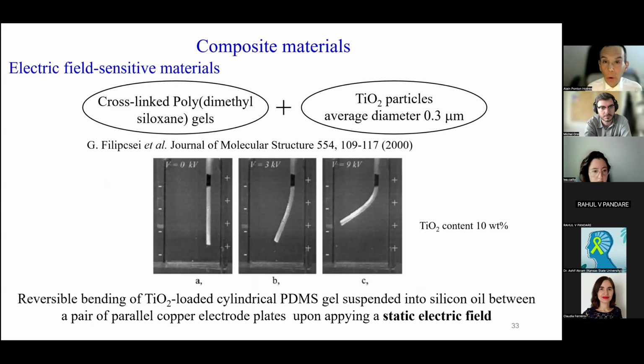Another example of composite materials. In this case, you have a polymer matrix, and you introduce in this polymer matrix some electrical nanoparticles, typically titanium oxide. With this kind of experiment, if you apply a homogeneous static electric field, you can induce the bending of this composite.